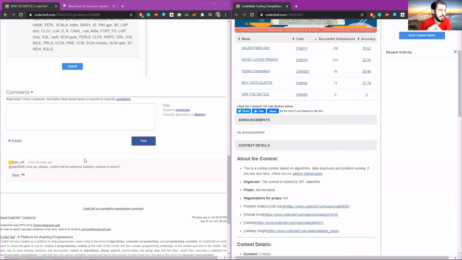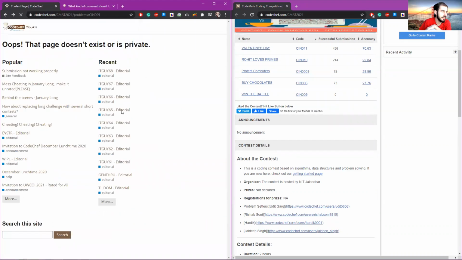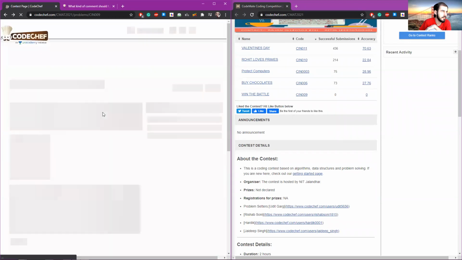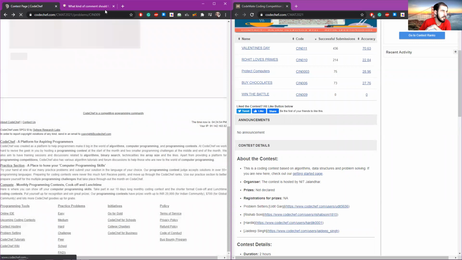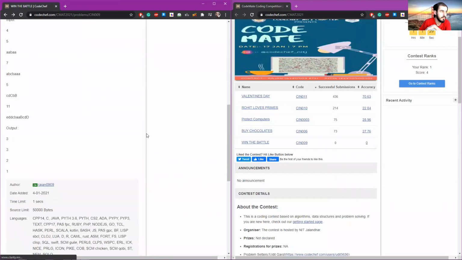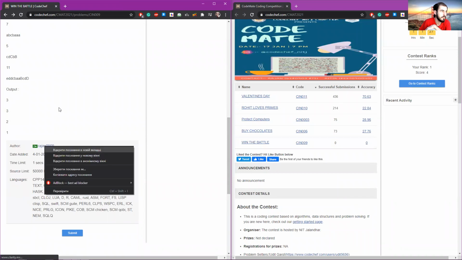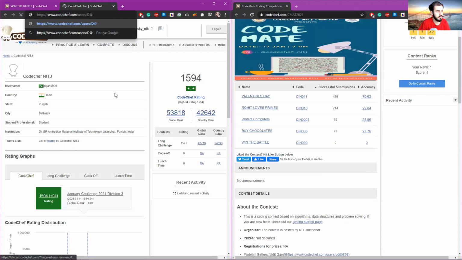So I'll just ask something like that. I mean, it said that it supports mentions, but it did not. Did I do anything wrong?